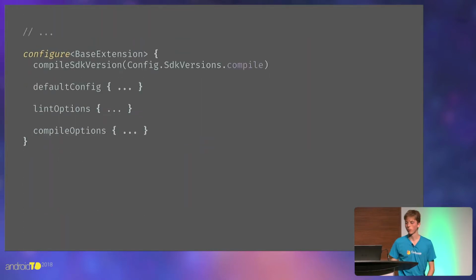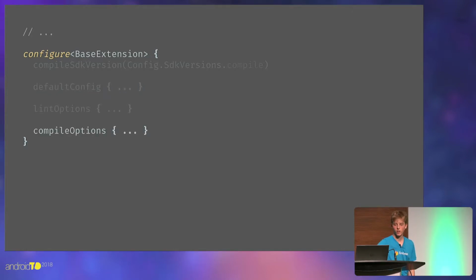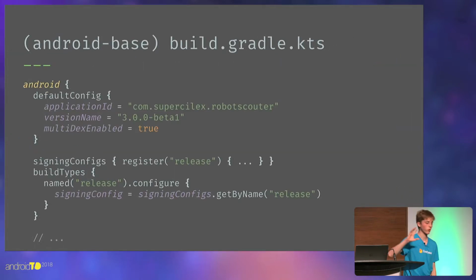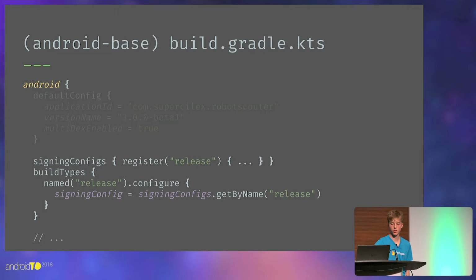So you might have your compile SDK, some target SDK stuff, maybe support vector drawables or something. You could have that enabled for all your features, and then you don't have to copy paste your build config everywhere. If you have lint stuff, if you're targeting Java 8, that sort of thing. And then in your actual base module, you're just going to have your usual configuration, so that's what you already had with the default config, your keys, that sort of thing.